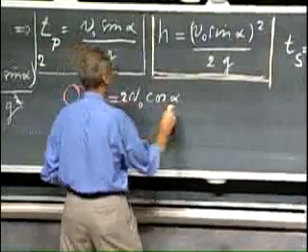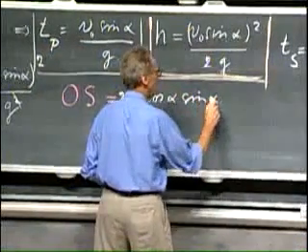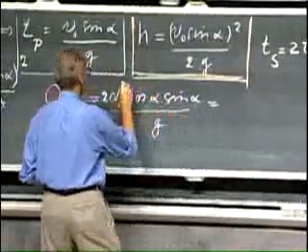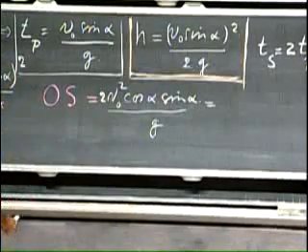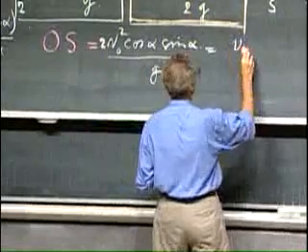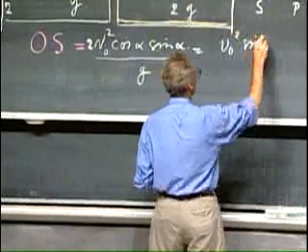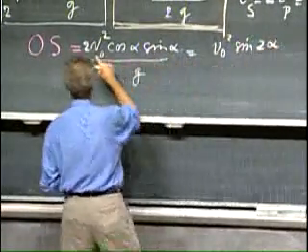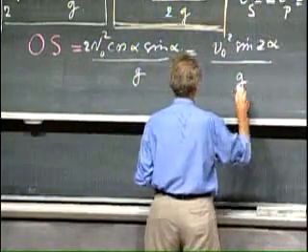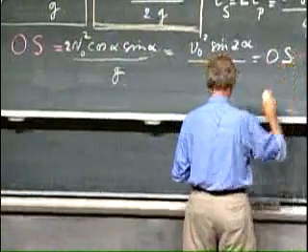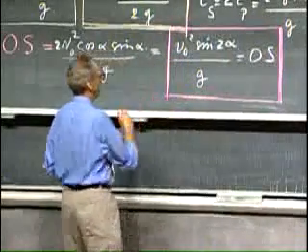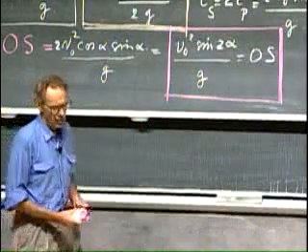So I get a 2 here, I get a sine alpha, and I get a g here, and I have another v0 there. And so the answer is v0 squared times the sine of the double angle. Remember, 2 cosine alpha sine alpha is the sine of 2 alpha, divided by g. And this is OS. And I'm going to need this a lot. This reminds me not to remove it.